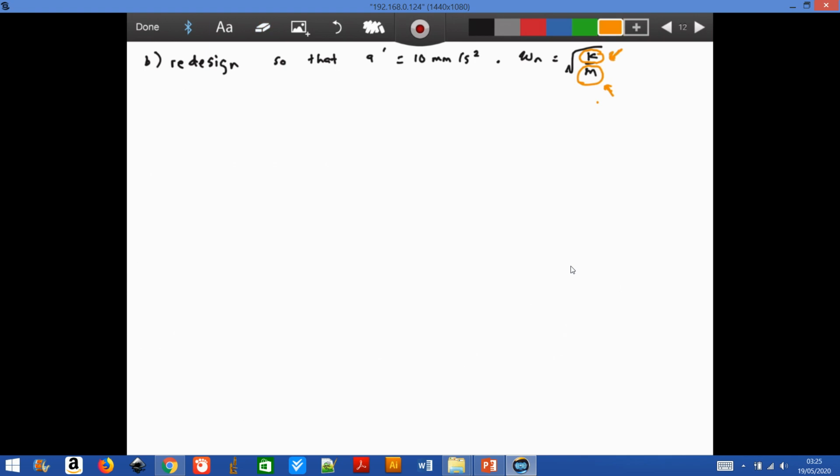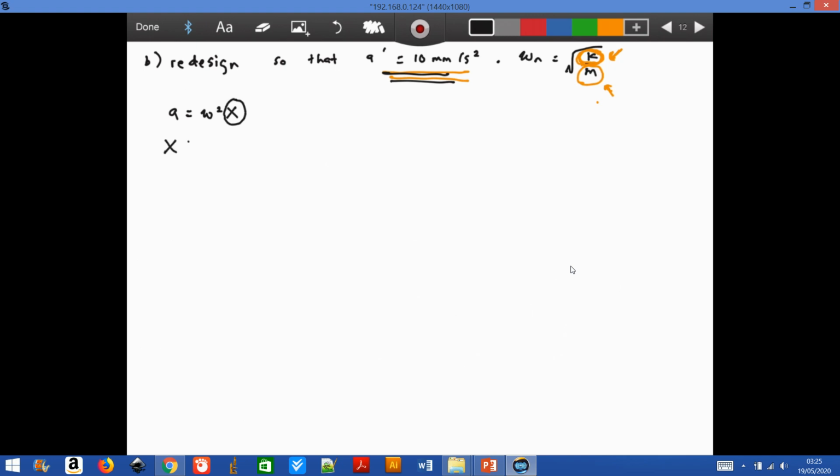So basically we need to find the value of k for the vibration isolator so that the acceleration would be 10 millimeter per second squared. To solve this, we know that A is equal to omega squared x, and because we have a new A, we will have a new value of x.